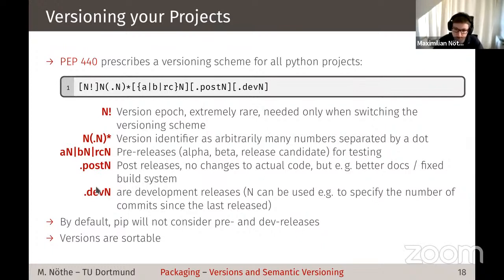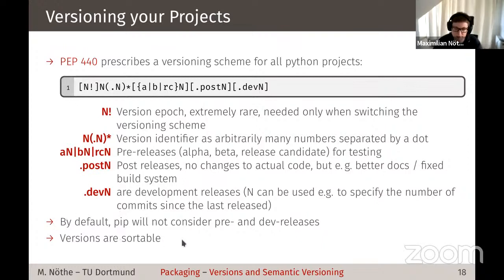And then there are development releases. These are basically very similar to alpha releases, just another convention you can use, which is commonly used, for example, by systems which get version information from Git. They will check what the last version of the software is and then count the commits that happened since the last release. This is then called dev50, for example, if there were 50 commits to the main branch since the last release.